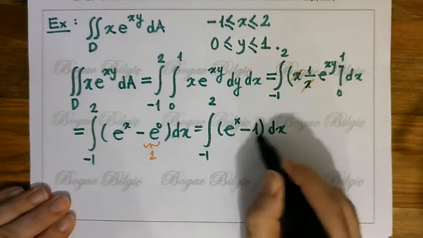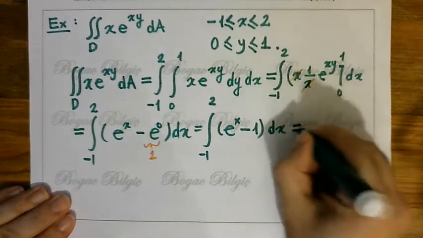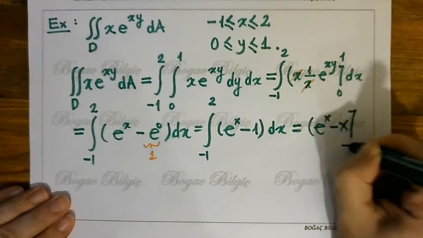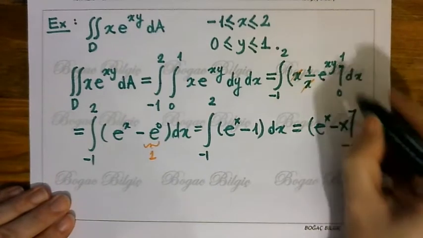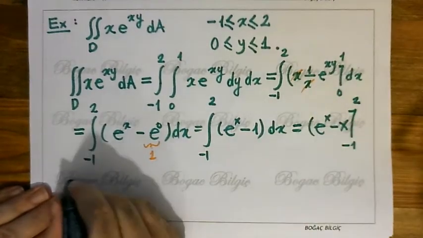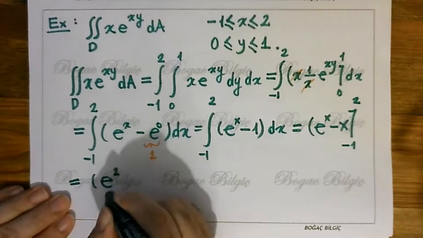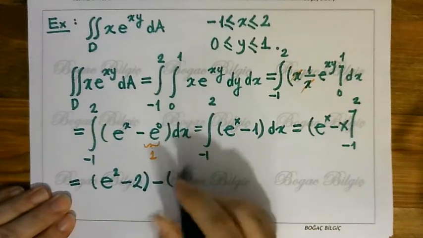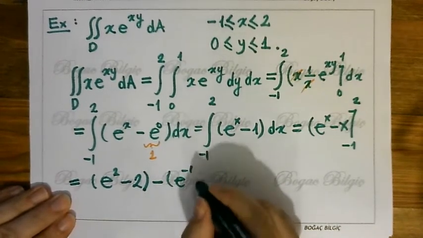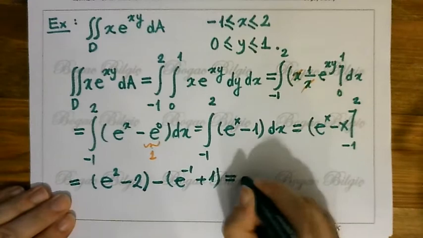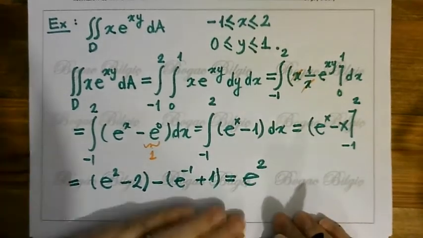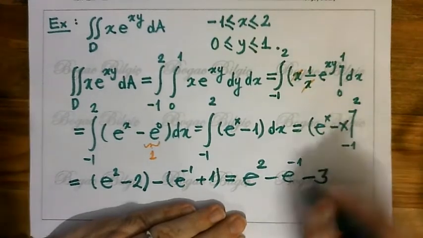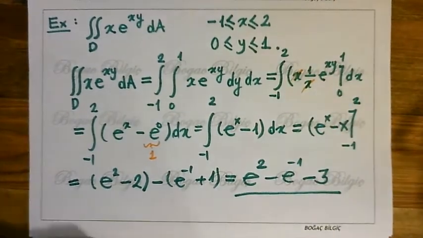You can integrate this term easily: exponential x minus x, from -1 to 2, equals exponential 2 minus 2 minus exponential -1 plus 1. So exponential 2 minus exponential -1 minus 3. This is the solution.